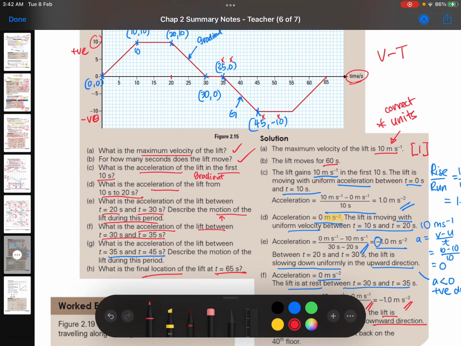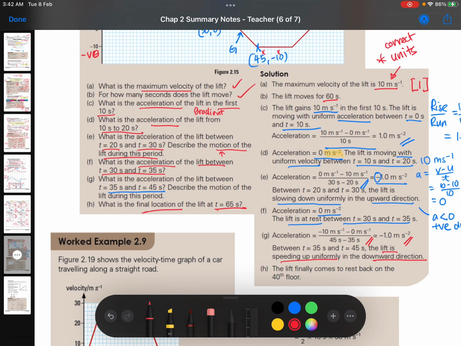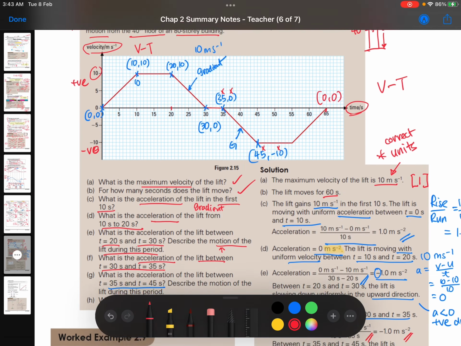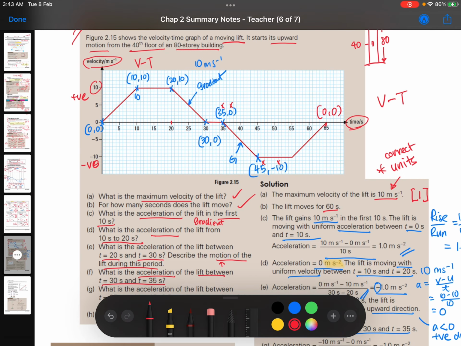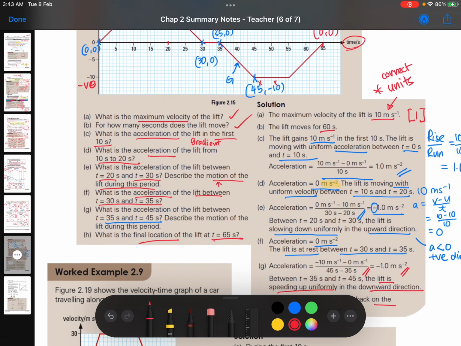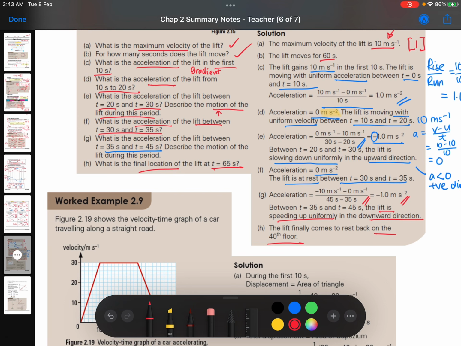All you can say is the lift finally comes back to rest on the 40th floor, because when it comes back to here it is 0, 0. So ultimately, the lift goes up in the positive direction, then the lift comes back down. So it goes back to the 40th floor.